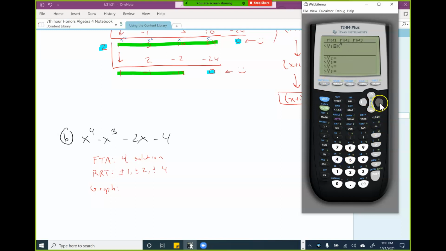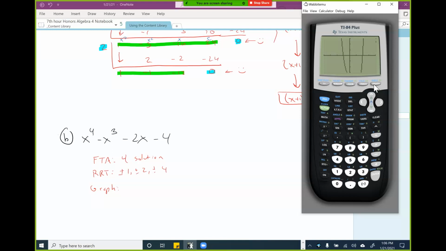What should the x min and x max be in this case? -4 and +4, right? Good. Because those are the biggest and smallest values from my RRT list. So hit graph. So I see, looks like -1 and +2.